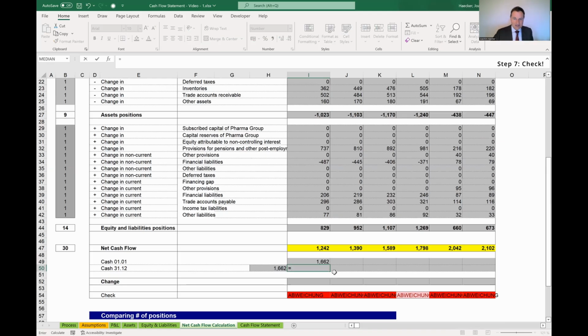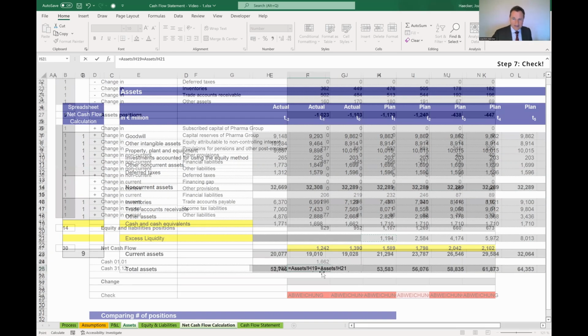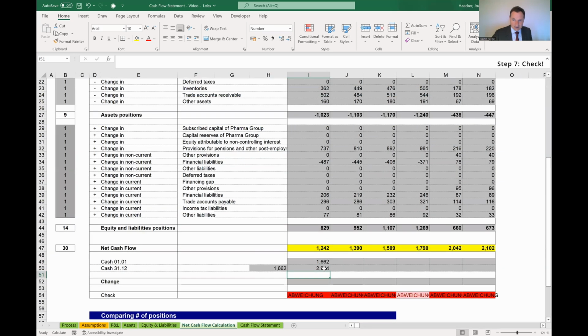What's the cash position at the end of my first year? And there we take the cash position plus, don't forget that, the excess liquidity. And that is my position at the end of the first planning year.